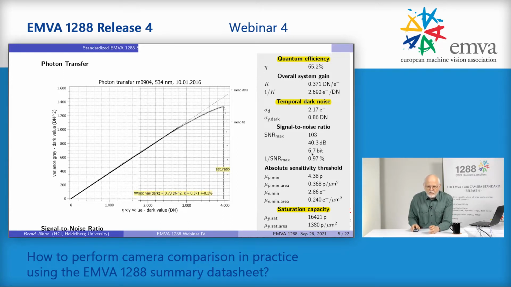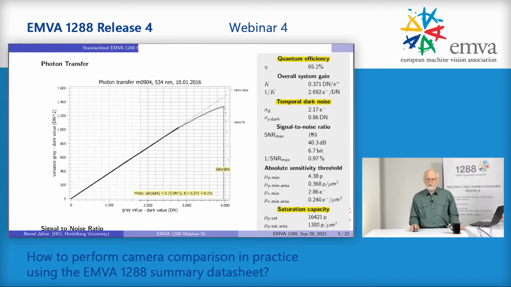Actually, there is also a 1 over SNR max shown here, so that you also see how much percentage of temporal noise you have at the best point in your camera. Some people like to think more in dB, so the same SNR max can also be expressed in dB, which is 40.3 dB, or some even prefer to convert this to a bit resolution.